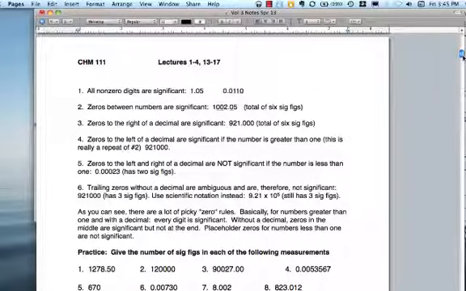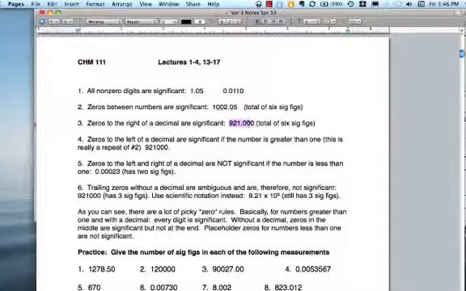It says basically for numbers greater than 1 and with a decimal, every digit is significant. Okay? So, examples right here. Every number, 6 significant figures: 1, 2, 3, 4, 5, 6. That is a number greater than 1 with a decimal. Here's another number, greater than 1 with a decimal, 6 significant figures.